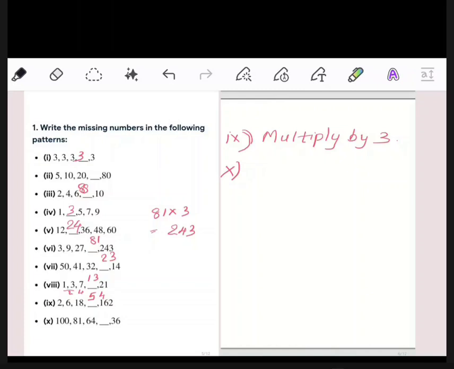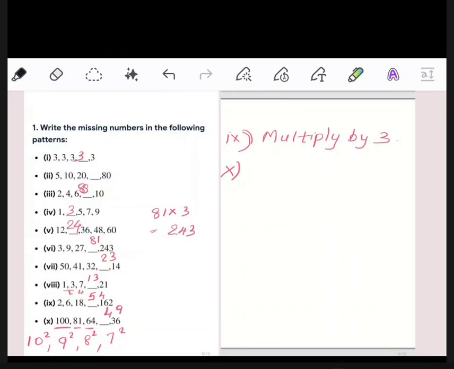The final one, 100, 81, 64, dash, 36. So let's check. This is also going in decreasing order. What we can see, the numbers 100, 81, 64, all these are perfect squares. 10 squared is 100, 9 squared is 81, 8 squared is 64. So similarly the next number is 7 squared. What is 7 squared? It's 49.